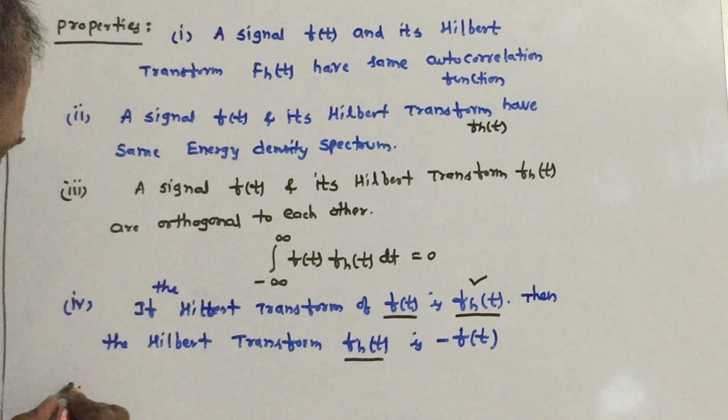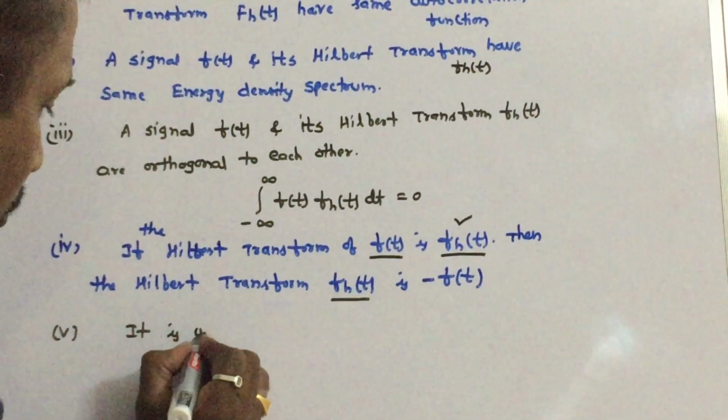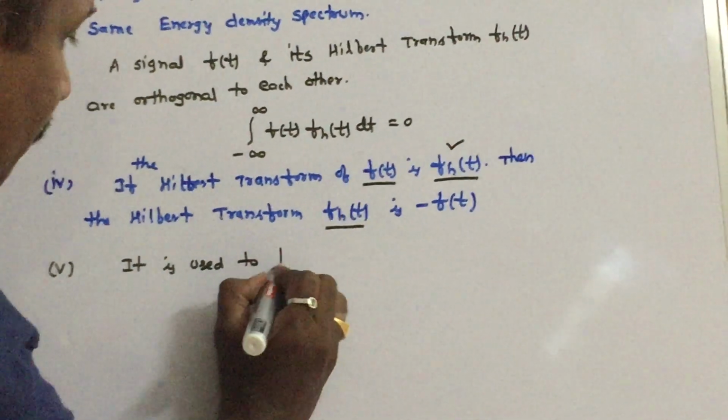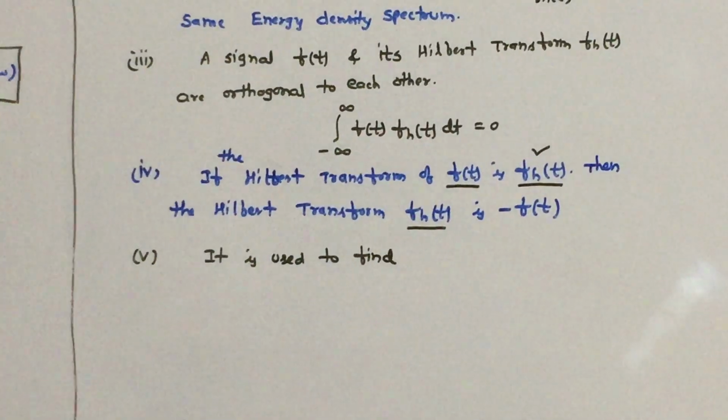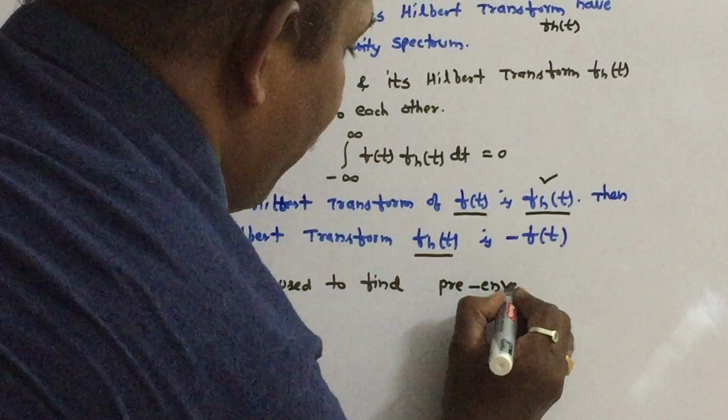Now let us see this last point. It is used to find the pre-envelope, another very important point for communication subjects.